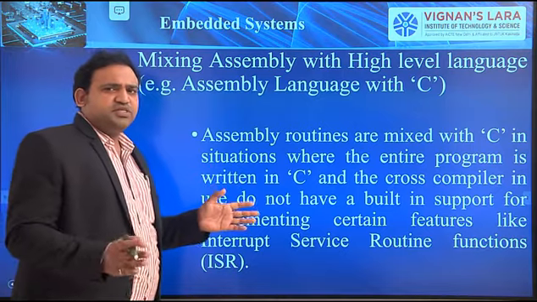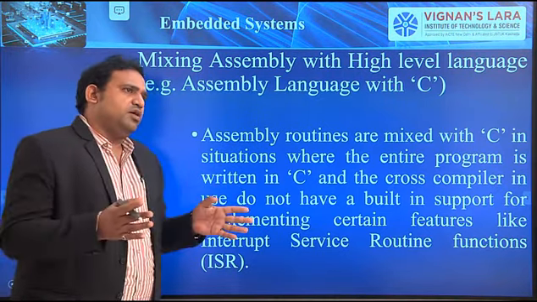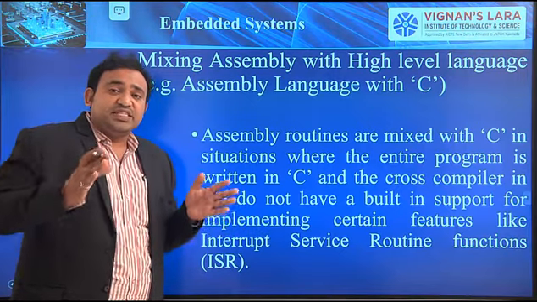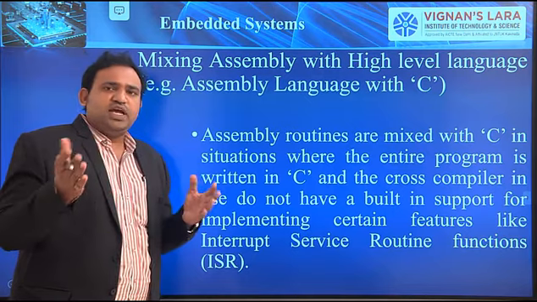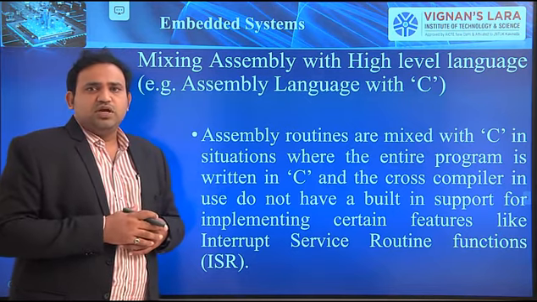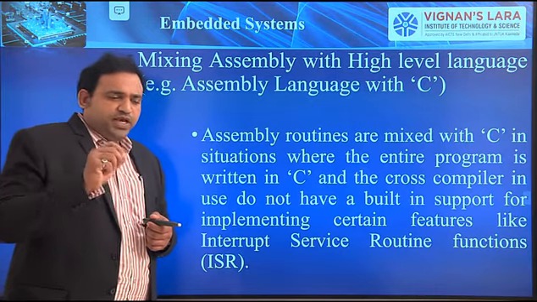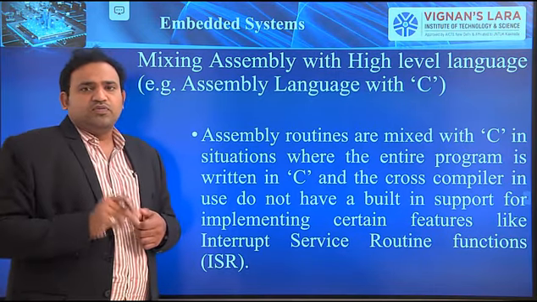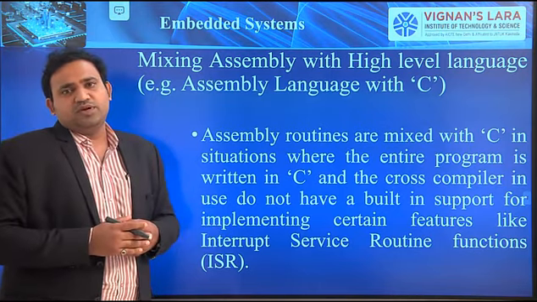In some applications it is very necessary. For example, there will be some processor specific instructions developed by the processor itself. For example, 8051 has its own instruction set. For some applications, by writing a simple one-line assembly level language code, you can directly call the respective operation.